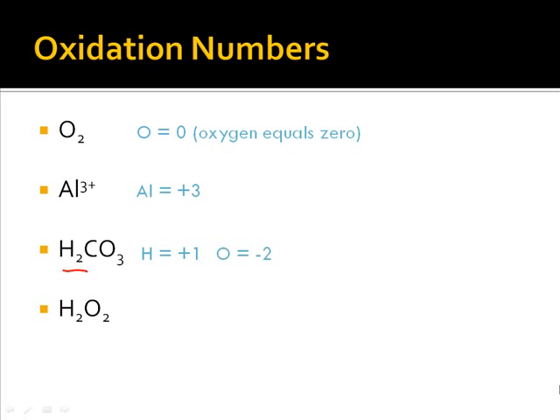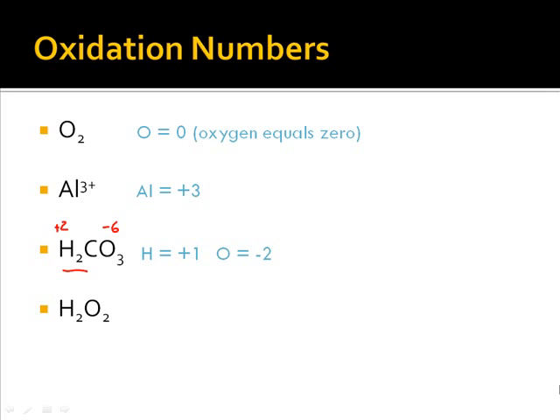So here's the other rule we're going to apply. I have 2 times my +1 for hydrogen, so I really have a +2 from all of my hydrogens. I have a -2 for my oxygen, and I have 3 of those, so I have a -6. And overall, there is no charge on this molecule.